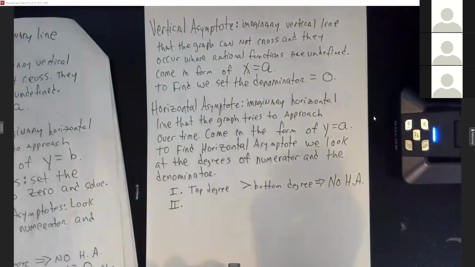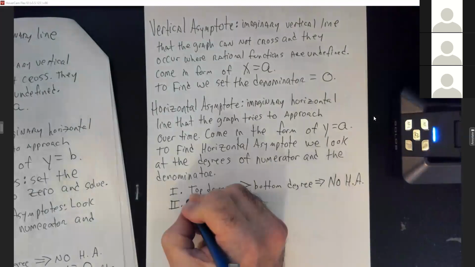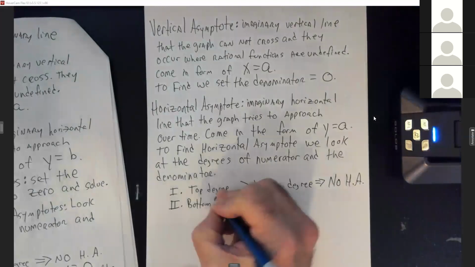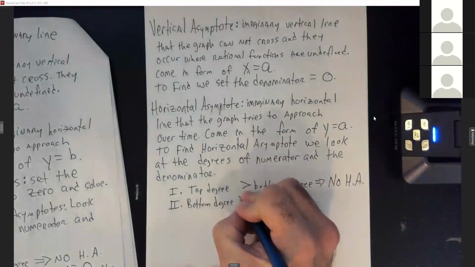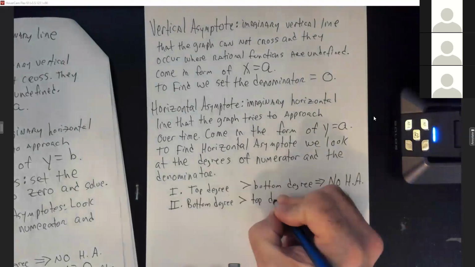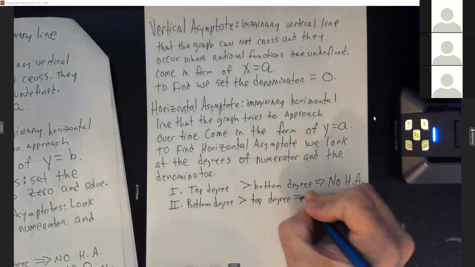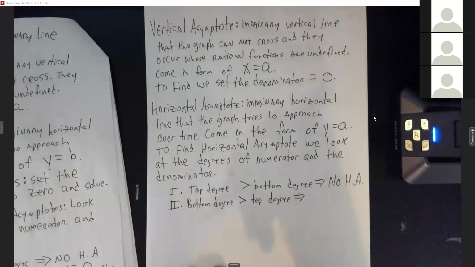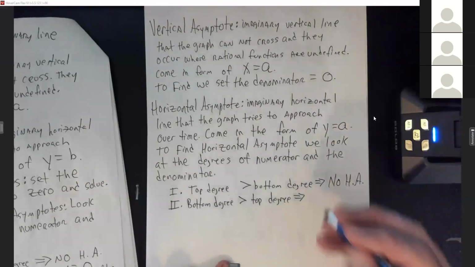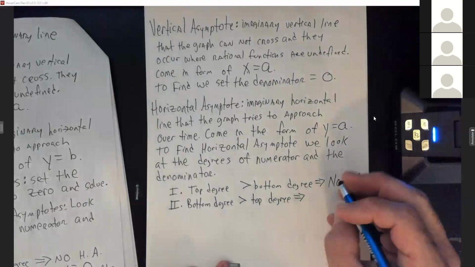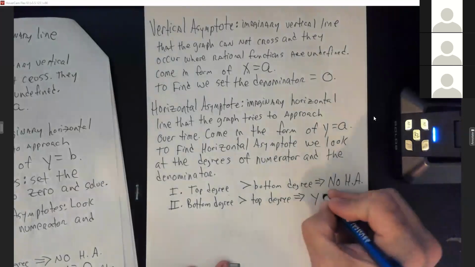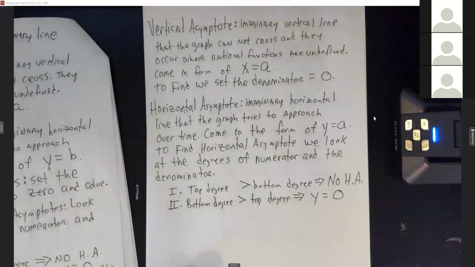However, case 2: if the bottom degree is greater than the top degree, so it's bottom heavy, then your horizontal asymptote will be y equals 0, which means the graph over time is going to try to get right down to the x-axis.